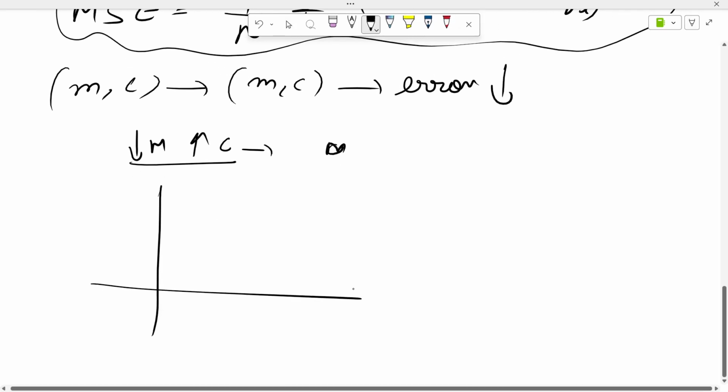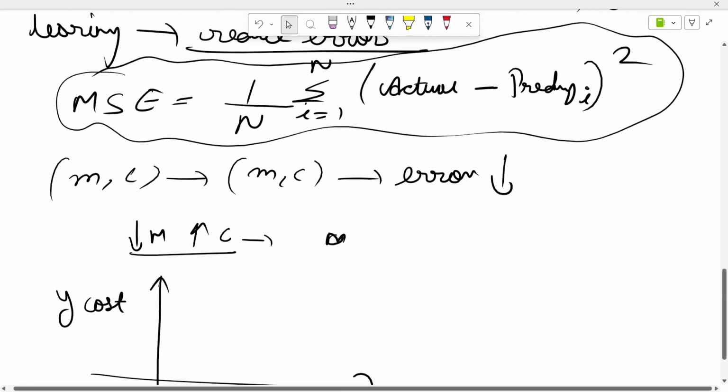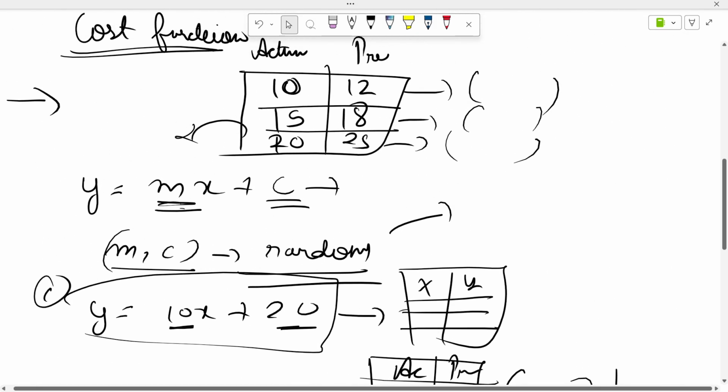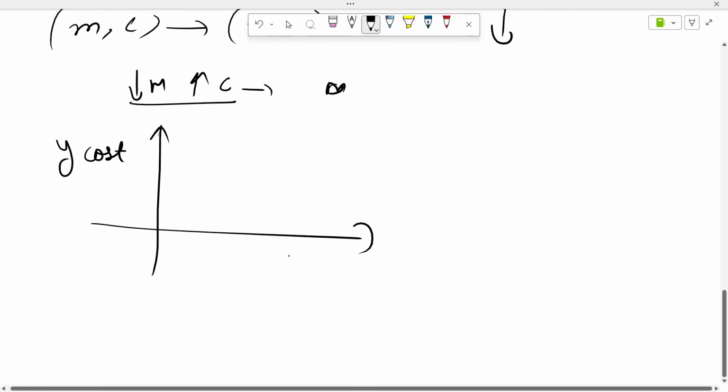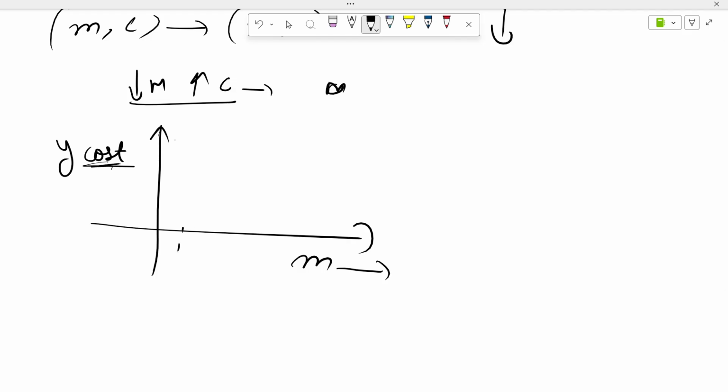For example, let's say this is y, which is the cost function, and this is the m value on the x-axis and the y-axis is the cost function. For these different values of m you are getting different cost function values.